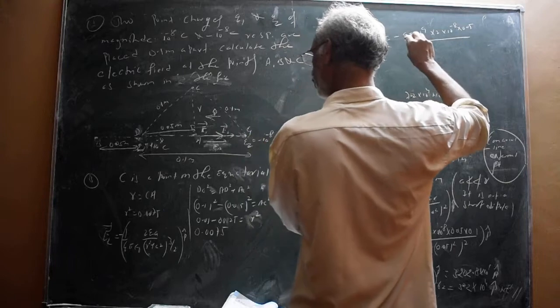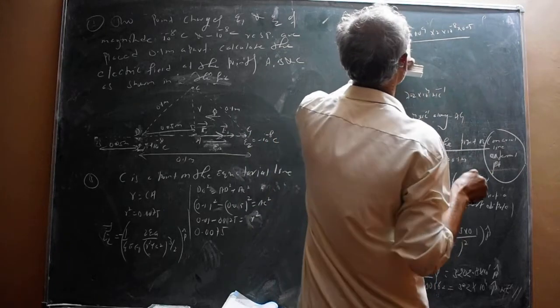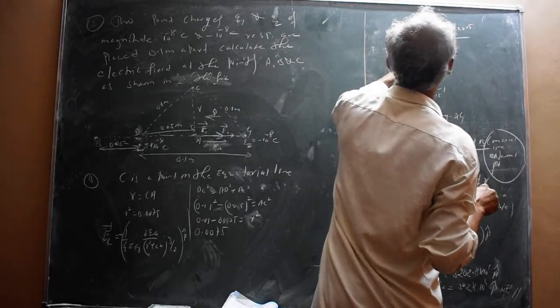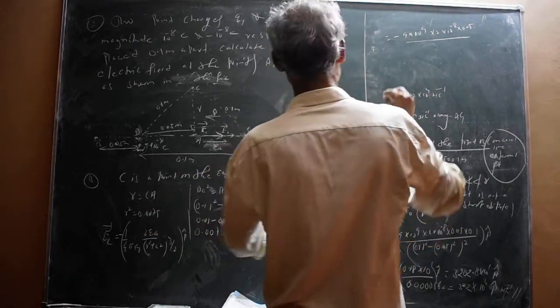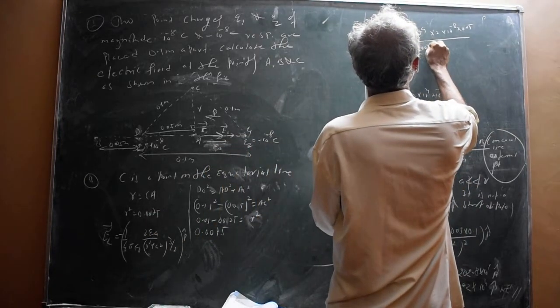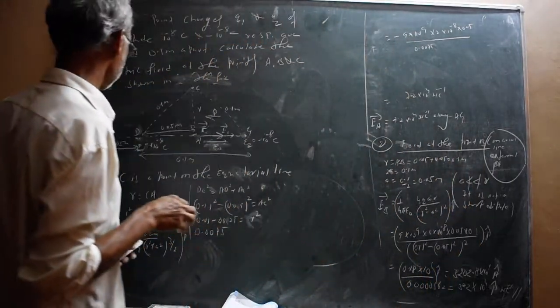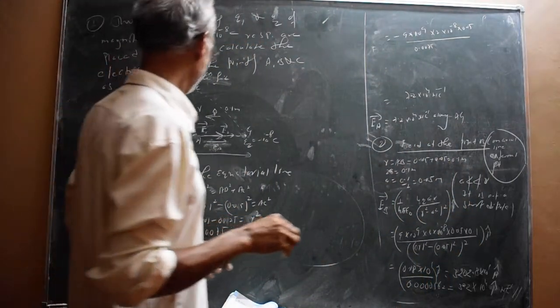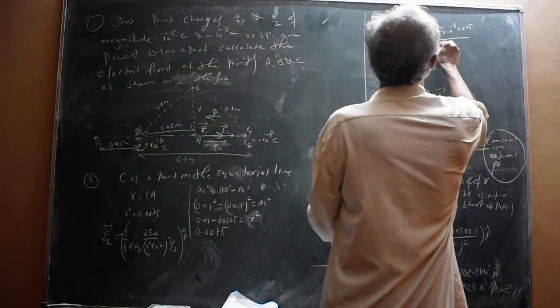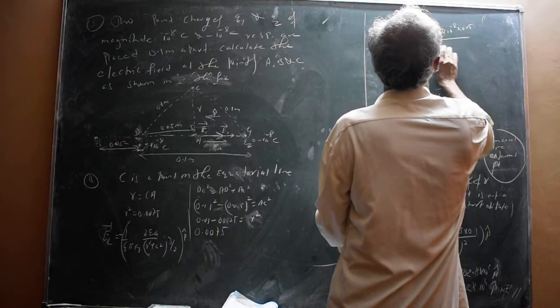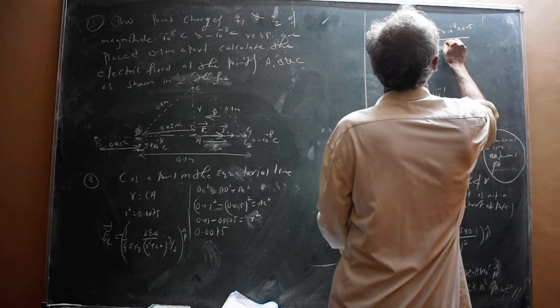R square itself is worked out, 0.0075, plus A square, A is 0.05 the whole square.